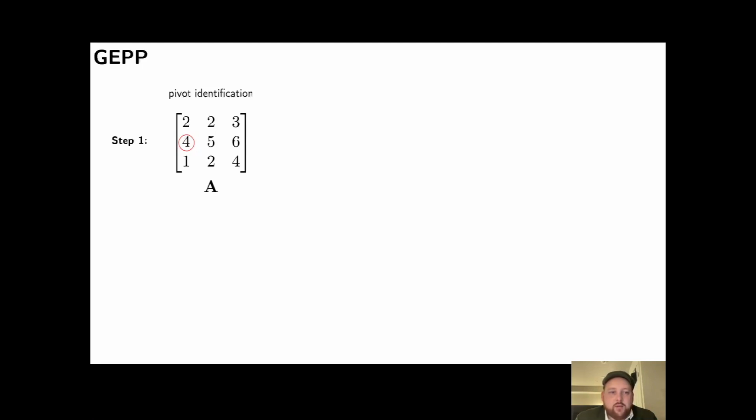What I'm trying to do is find the entry with the largest absolute value in that first column, which is 4. I'm not writing out the permutation matrix, but you can figure out what it is, because I want to interchange rows so that the second row becomes the first row.